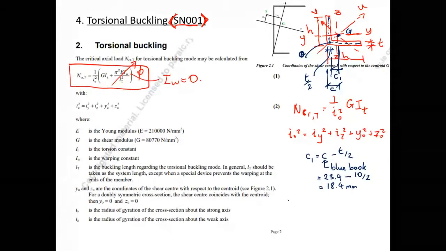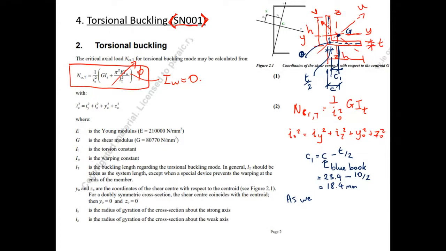As we are considering torsional buckling, we saw that the v-axis was critical for the lateral buckling compared to the y and z axes.